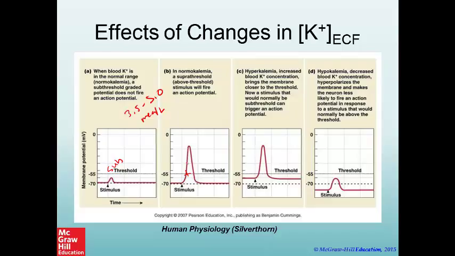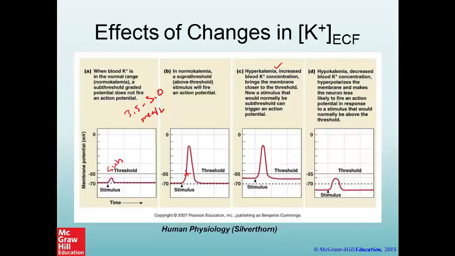Now, changes in ECF concentration of potassium are going to affect the resting membrane potential. More potassium in the extracellular fluid, what is called hyperkalemia, causes the resting membrane potential to be closer to threshold. So the neuron or the muscle cell or whatever cell it is becomes hyperexcitable. It's easier to generate an action potential because the resting membrane potential is closer to threshold.